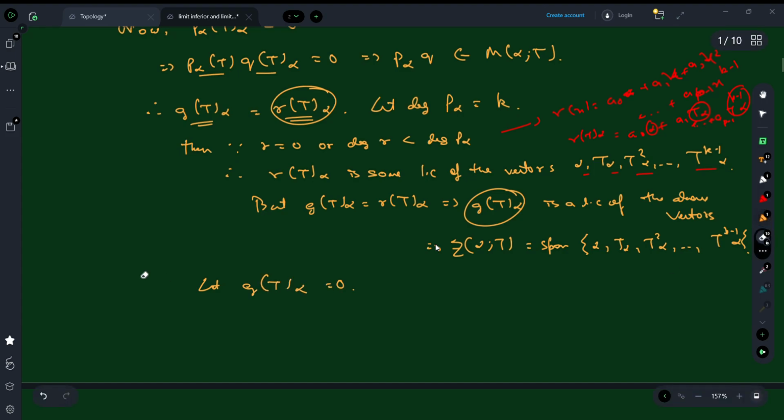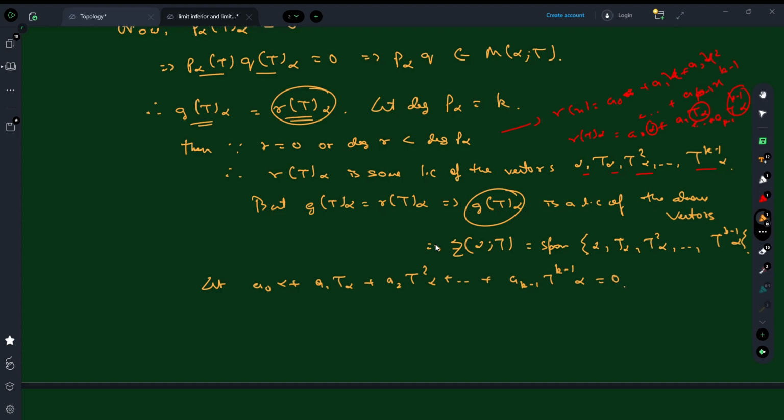Okay, or let us not talk like this. Let a0 alpha plus a1 T alpha plus a2 T squared alpha, and so on, plus a(k-1) T to the power k minus 1 alpha be equal to 0. That's, we are considering a linear relation of these elements and equating that to 0.